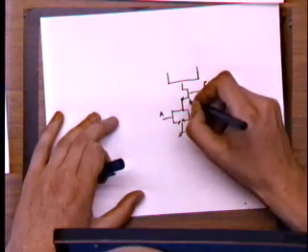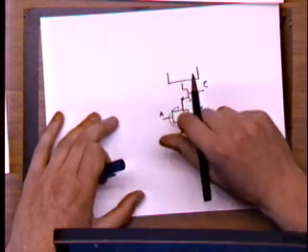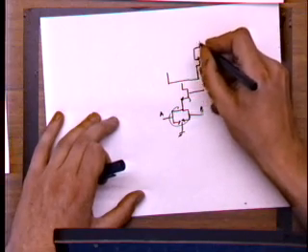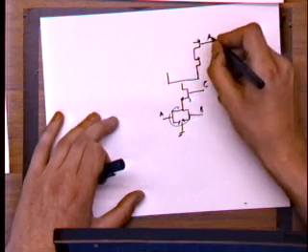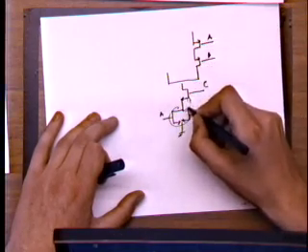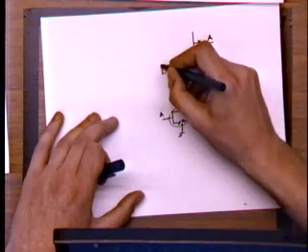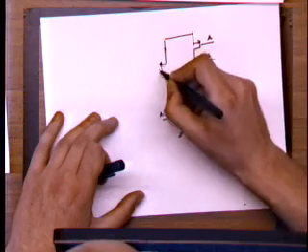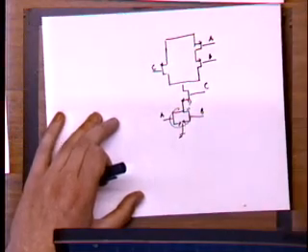So these two transistors are connected in parallel in the pull down, so they're going to be connected in series in the pull up. So this is A, this is B. And then these two connections that are in series are going to go into parallel in the pull up. And so this is C, right?